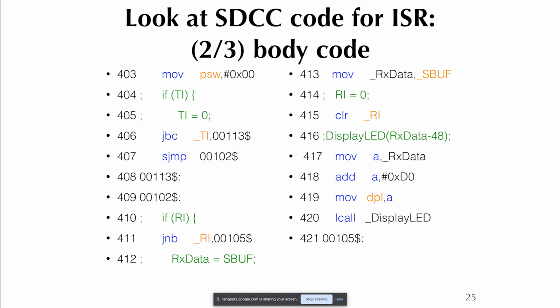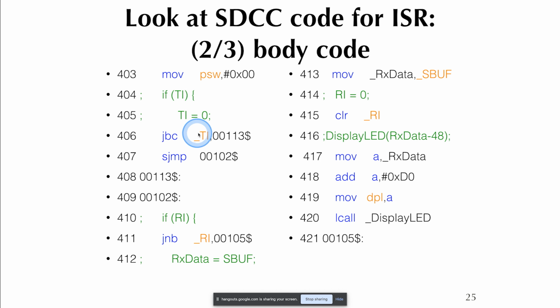Well, okay, now we're getting into the body of the code, because your listing will show also what your C code looks like. So it does the move of constant or immediate 0 into PSW if Ti is true, which means not 0, that means the bit is set, then do this.